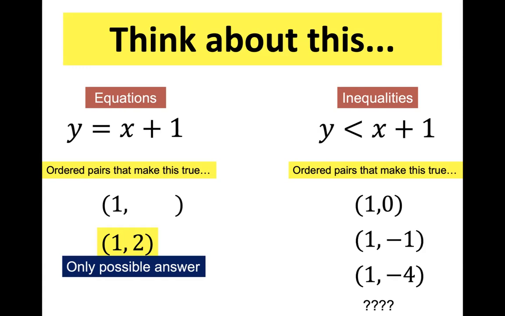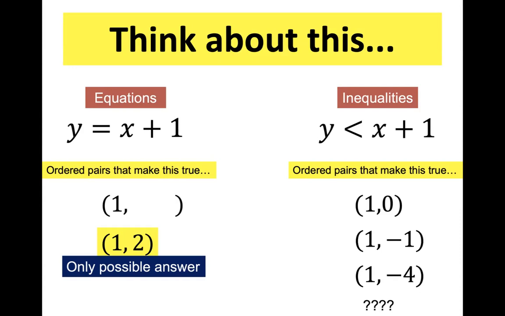Some of those will be true and some of those would be false. The issue that I want to make of this slide is that when we throw in 1, there's lots of answers to inequalities where there's only one answer to equations. When I throw 1 into that equation, we only get 2. But when I throw in 1 for the inequality, 1 plus 1 is 2, so I need a number that's bigger than that.